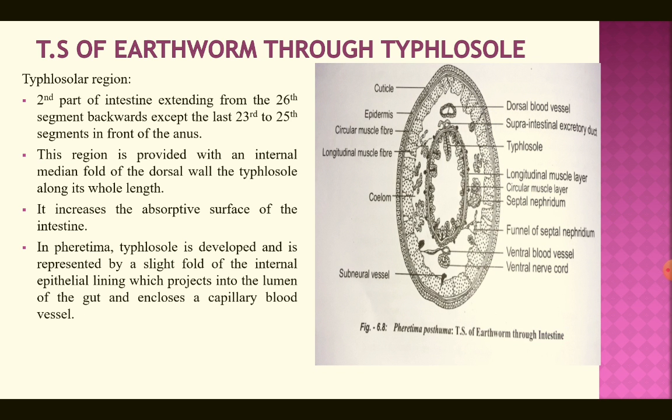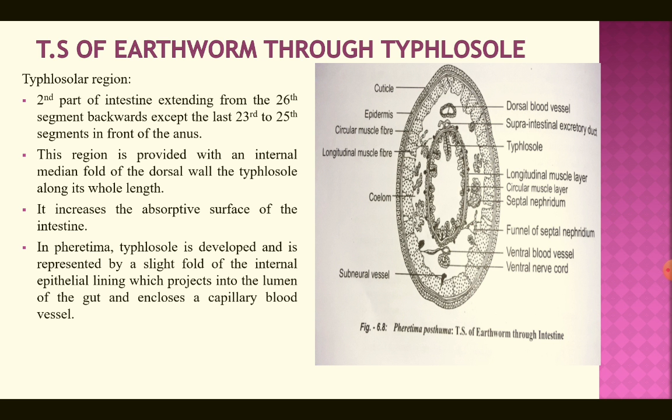Why such typhlosoles are formed is because it increases the area of absorption. Now the pre-typhlosolar region, the one which is without typhlosole, lies between the 15th to the 26th segments, and it is called the pre-typhlosolar region.